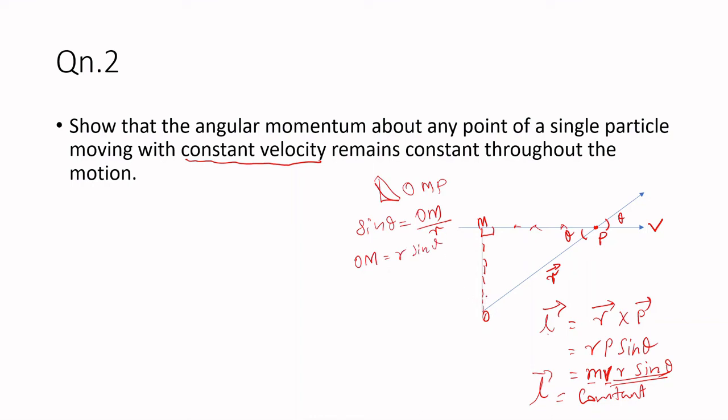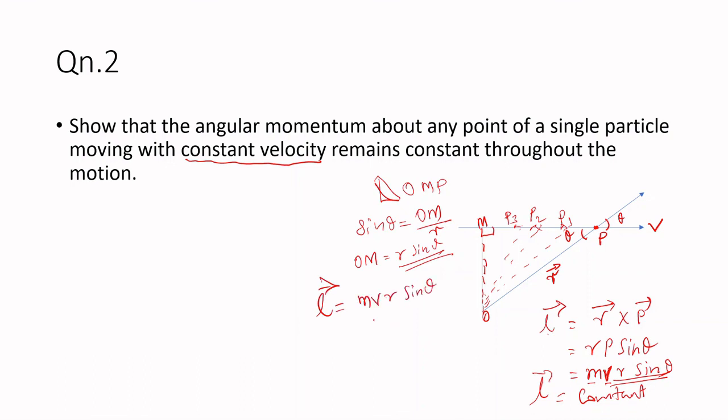We will check whether this OM changes if the point P changes to position P1, P2 or P3. Here only R is changing. The value OM, which is R sine theta, is not changing, because the angle adjusts itself such that the product R sine theta remains constant. So L is equal to mvr sine theta.